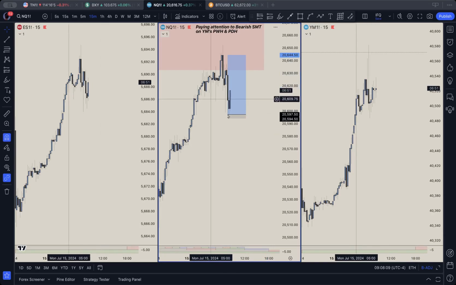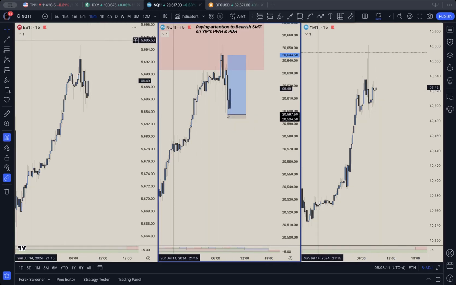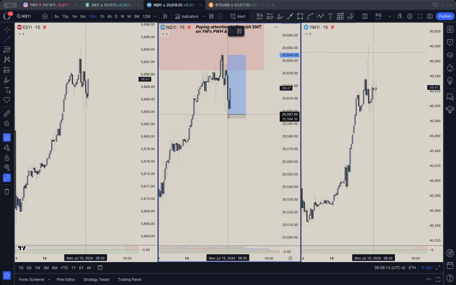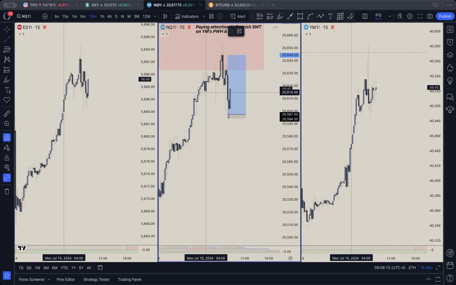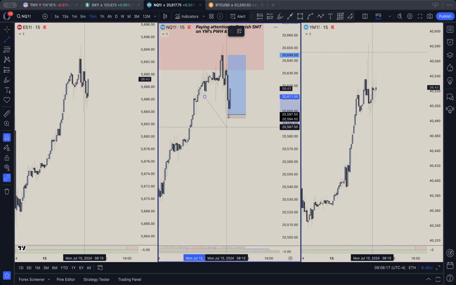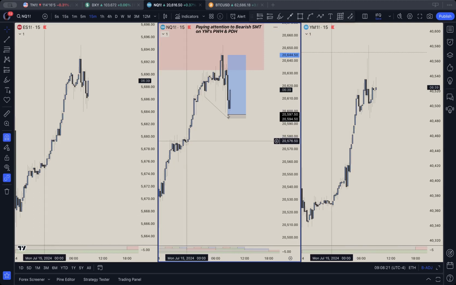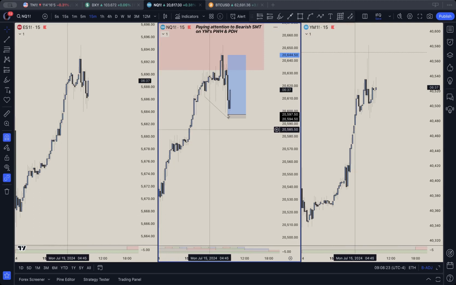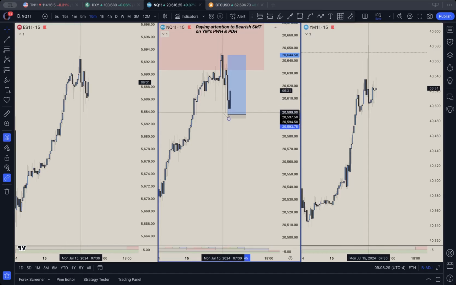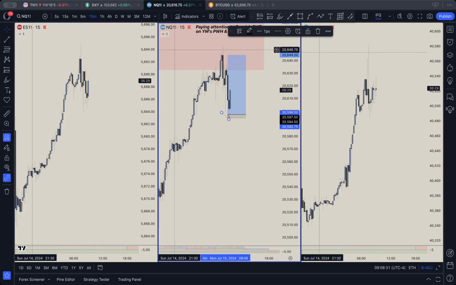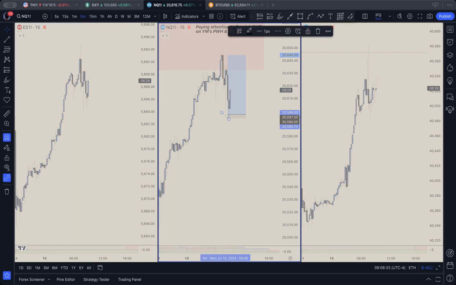I like this idea because it's also SMT right here. I don't know if you guys see that. Why is this SMT significant, guys? Can anybody tell me why this is significant? What else? Yeah, I'm gonna go down the lower time frame.